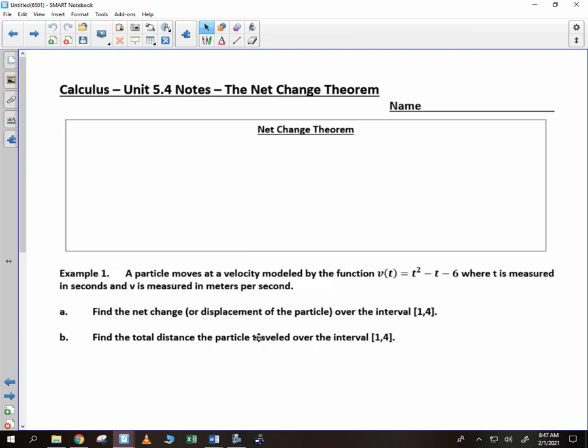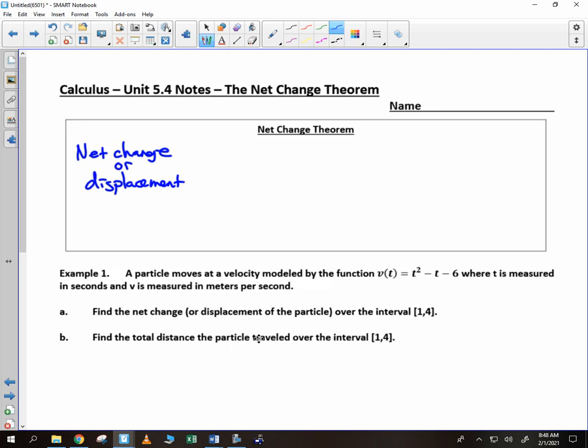Okay, calculus. We are at a massive kind of concept right now. The net change theorem is a very, very large piece that we continue to use for quite some time. And it really says the net change, or the displacement, is as follows.